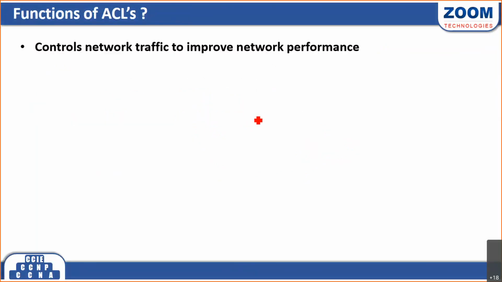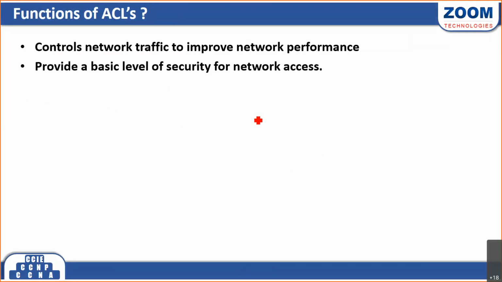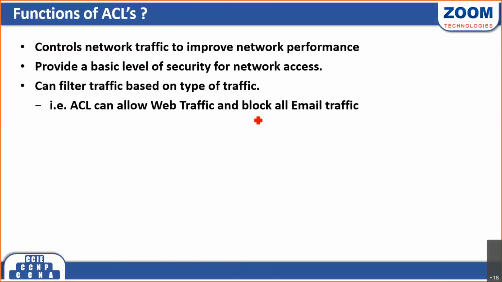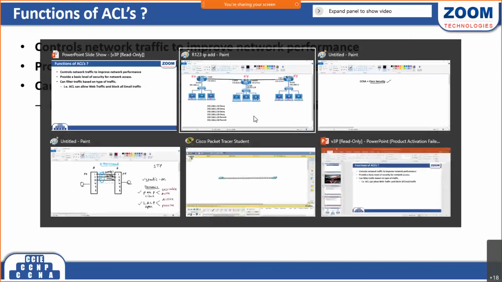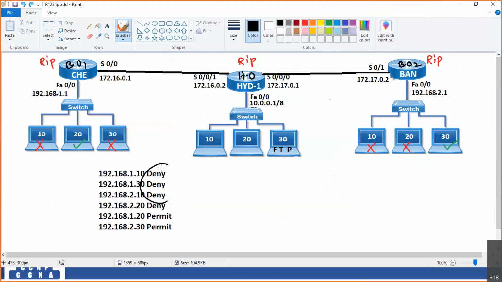What will ACL functions do? They control network traffic to improve network performance. If you control the traffic, then obviously network performance is improved. And they provide a basic level of security for network access. So ACL is not only blocking or denying traffic; ACL can deny, and ACL can permit. What can it permit?